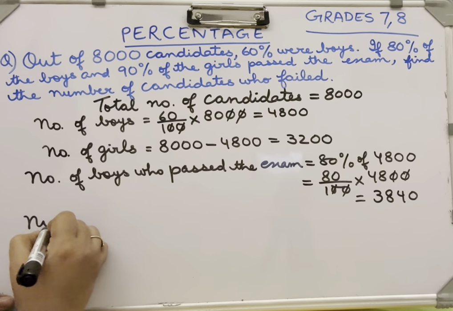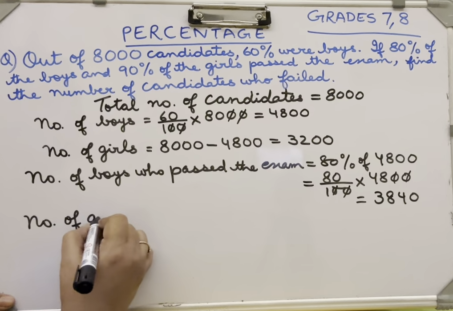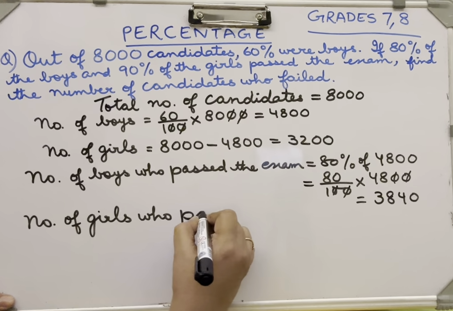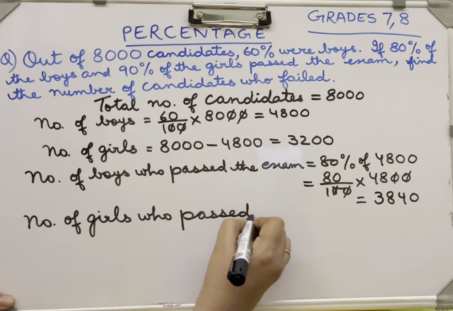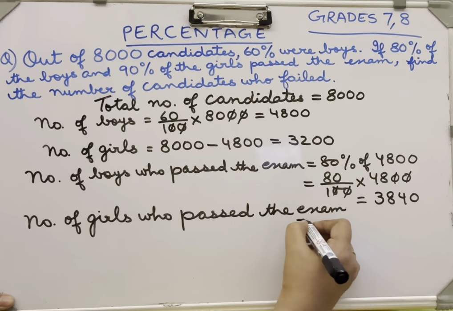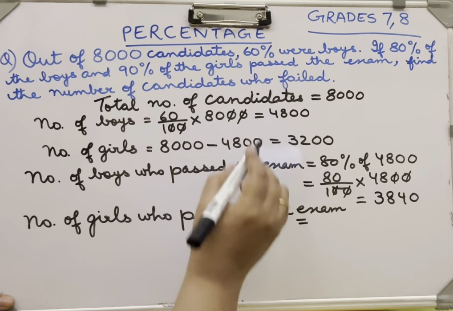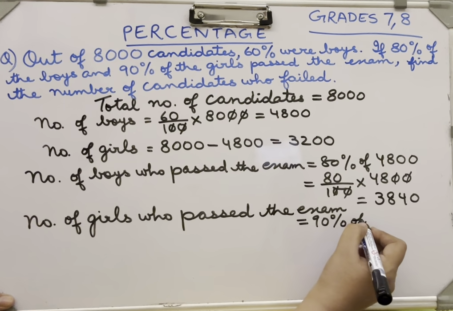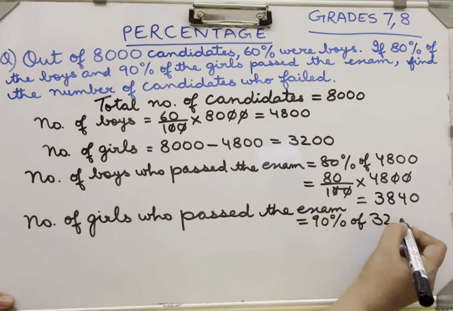Similarly, number of girls who passed the exam. And that is 90% of the girls passed the exam. So 90% of 3200.